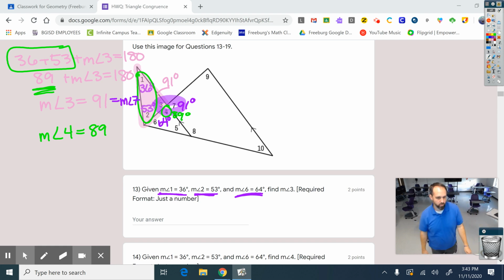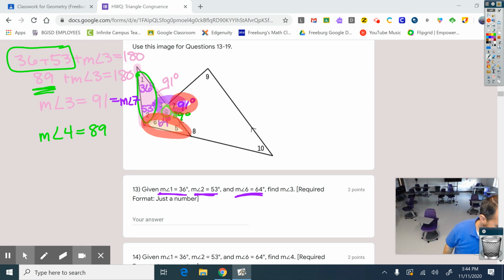Okay, so we've got a couple of the elements taken care of. Well, now we know that a couple different ways here. We know that 64 and 89 are two of the interior angles over here for this triangle, if we want to go find it. Or using your exterior angle theorem, you could say that, oh hey, this 91 is equal to the sum of these, so this must be 27 degrees.